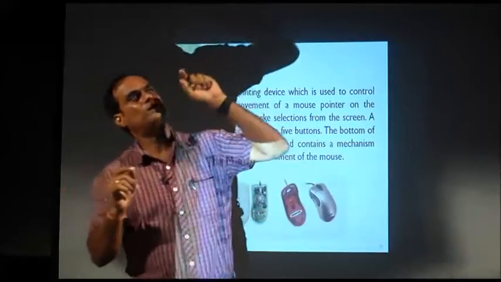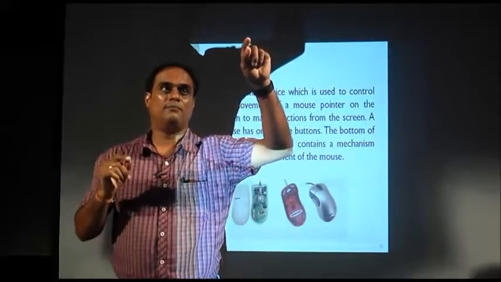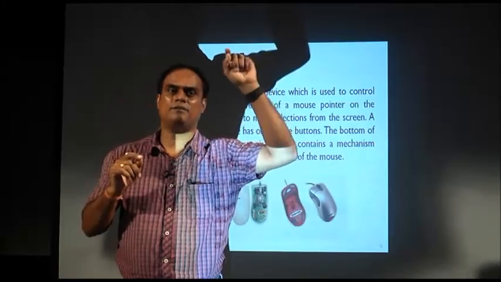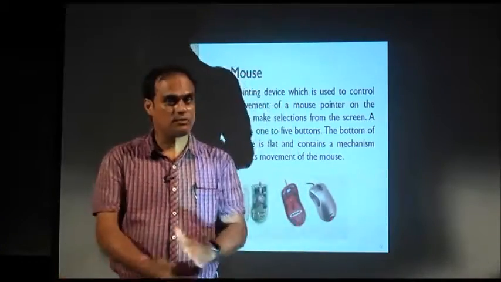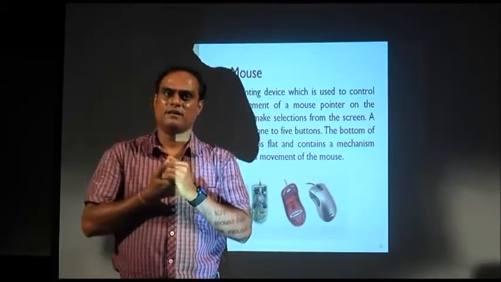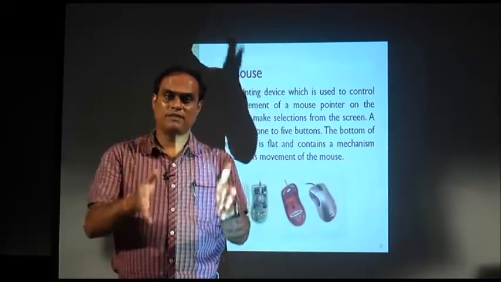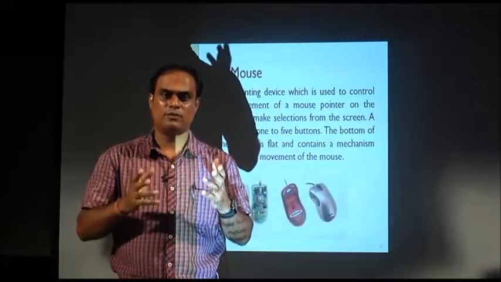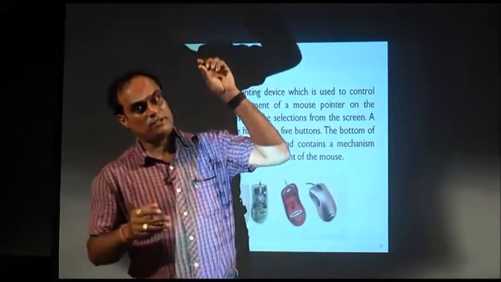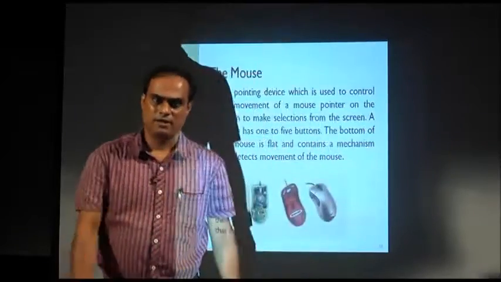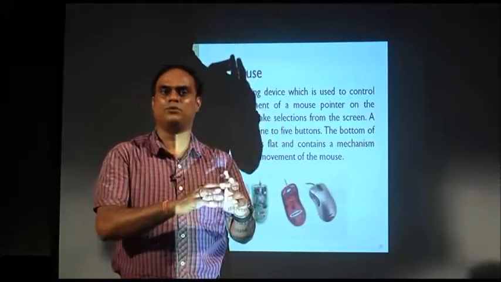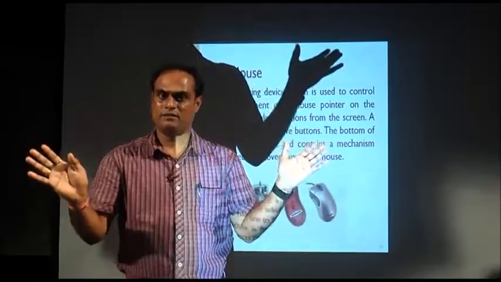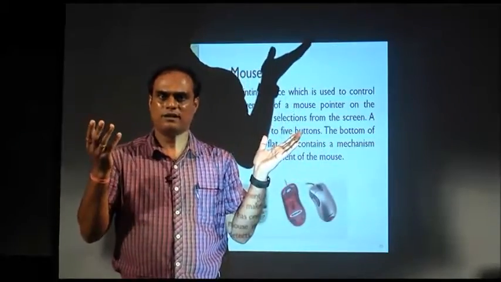Suppose I want to go directly to this point, or I want to point this, or I want to click this, but it is not happening by using the keyboard. Keyboard means you give data or instruction as input only when a particular platform instructs you, otherwise you can't give the input through the keyboard, yes or no.